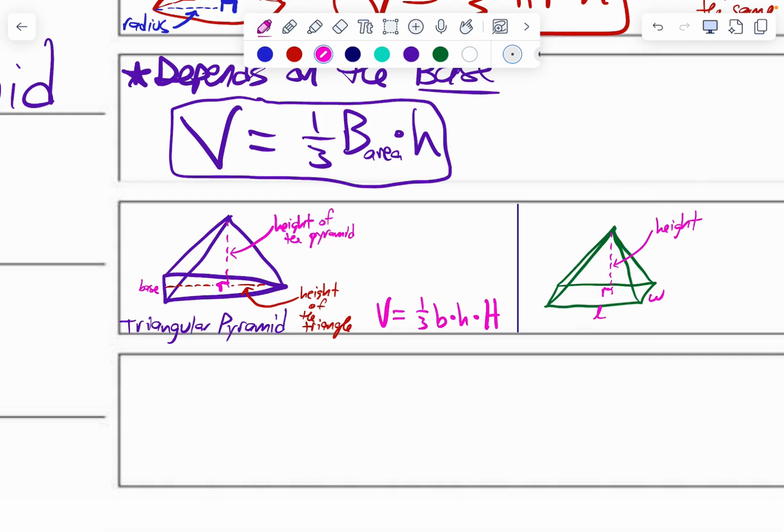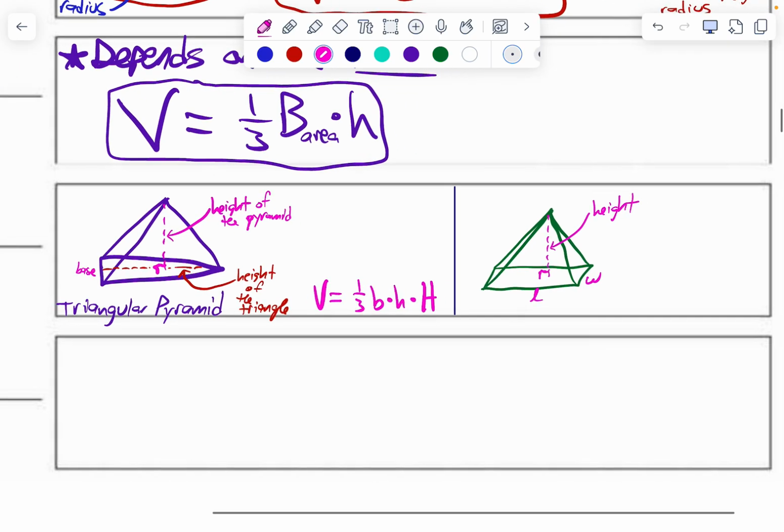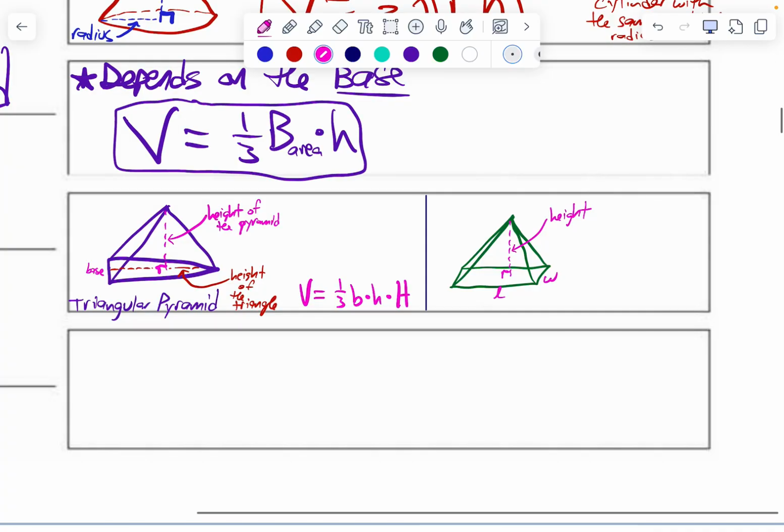So what would the formula specifically look like for a rectangular, same with the square pyramid? 1/3 LWH. Okay, we're just chopping that box into 1/3 of the volume.